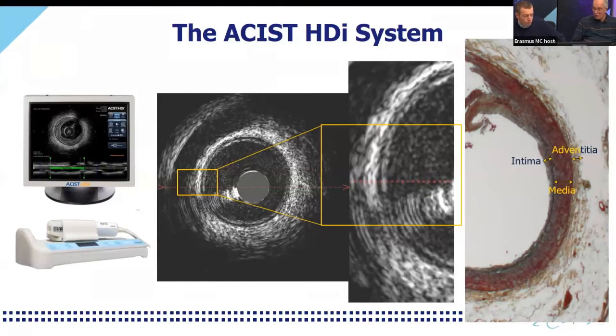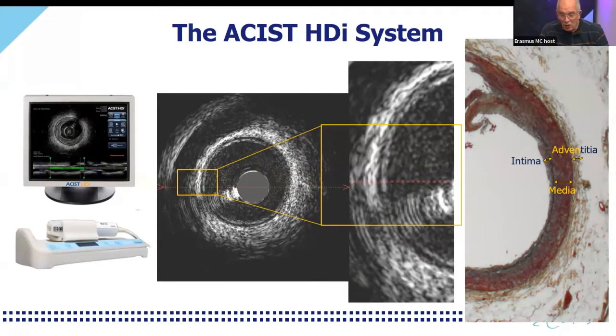Okay, thank you, Joost. Our first slide shows the ACIST system, and immediately you see a cross-section of a normal coronary artery.